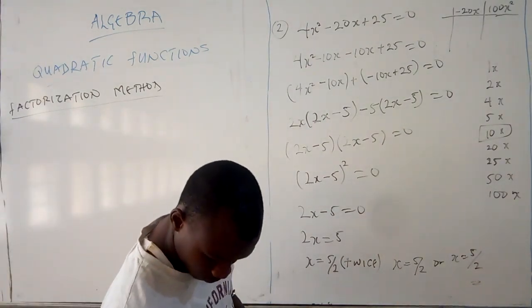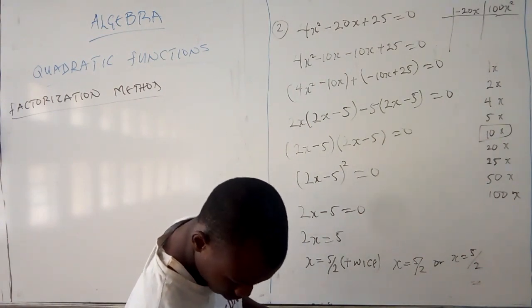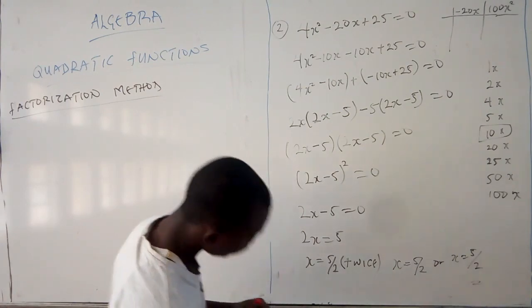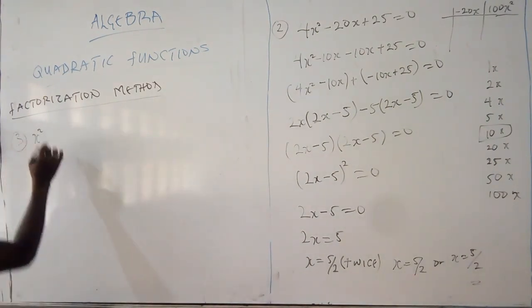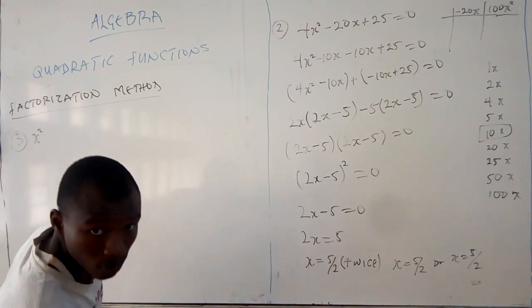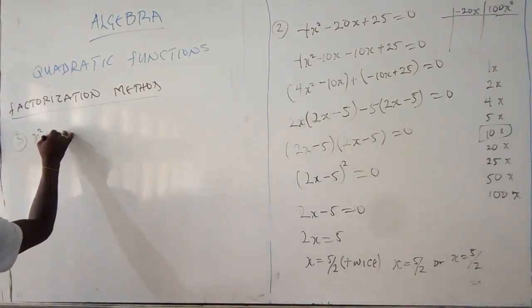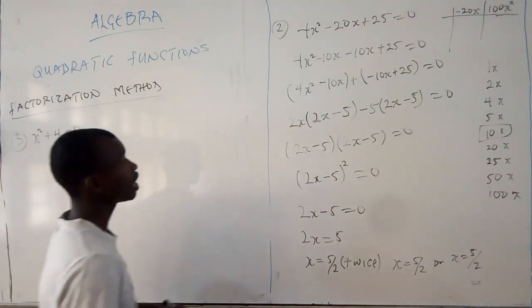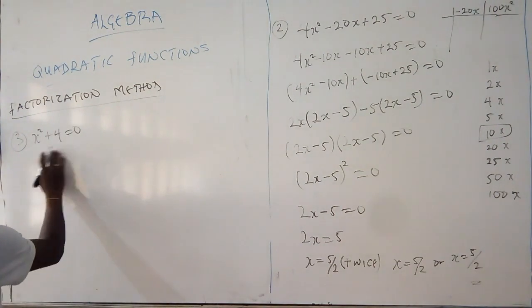Then let me take one more example. Let me take x squared plus 4. Sometimes when you are solving, you end up getting a complex root like this. x squared plus 4.